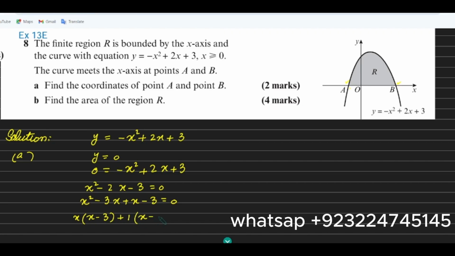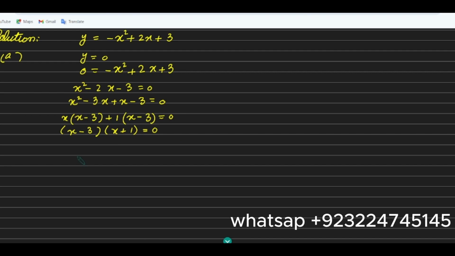So we get x minus 3 and x plus 1 equals 0. Simplifying more, x minus 3 equals 0 and x plus 1 equals 0, so x equals 3 and x equals minus 1.